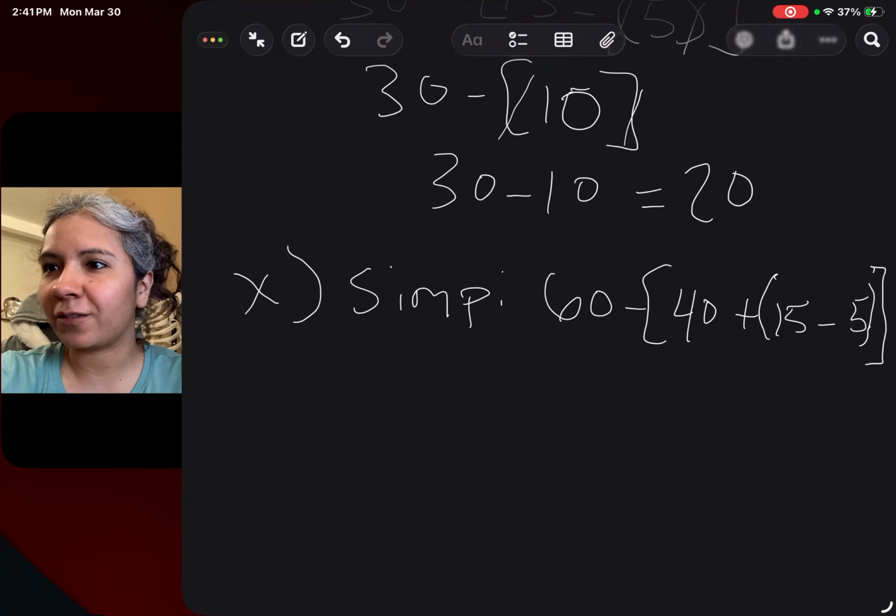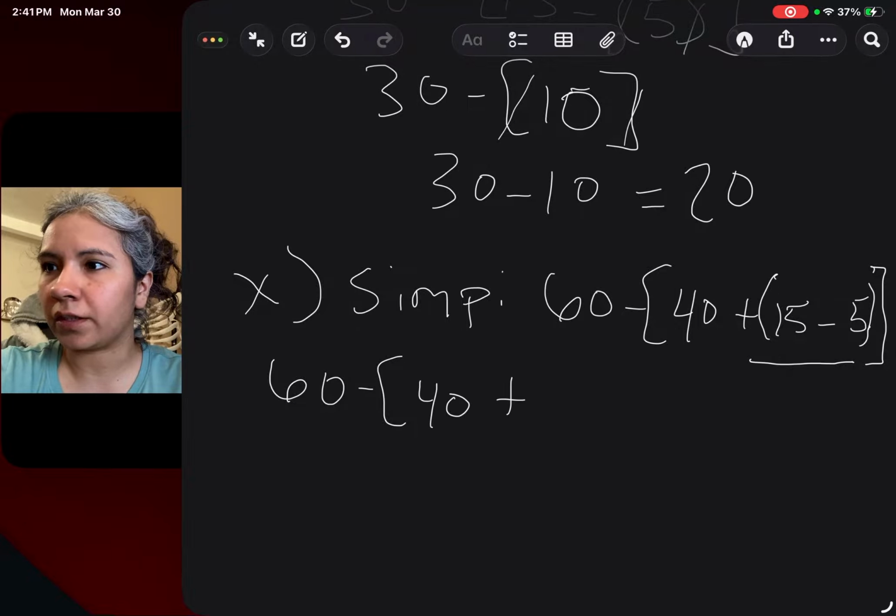Sorry, I should have scooted this stuff over. So the most inside symbol is that 15 minus 5. So we're going to leave the 60 minus the 40 plus, and 15 minus 5 is 10, right?